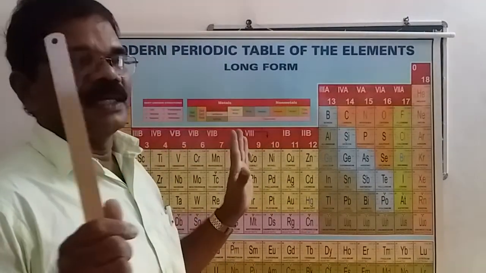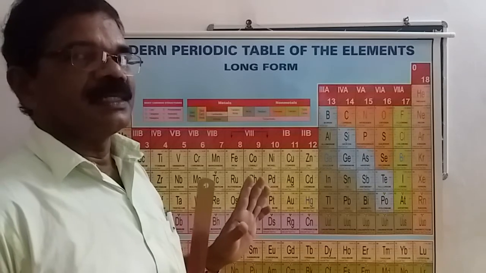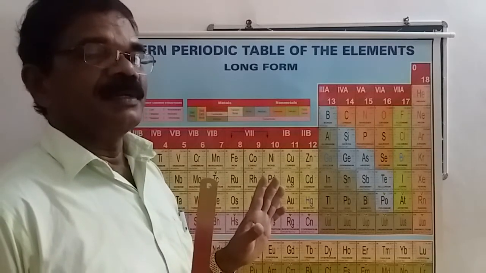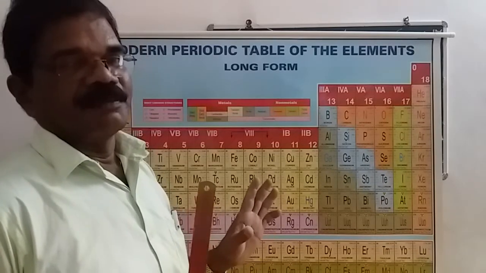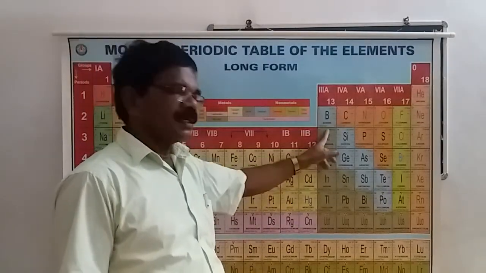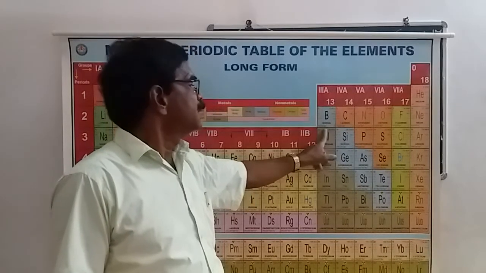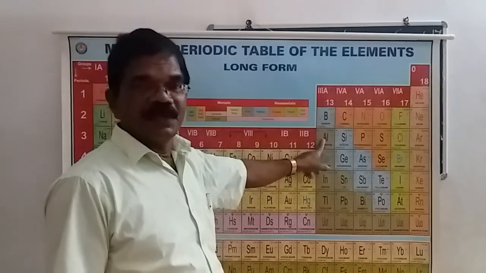Then you can come to a conclusion that it has 3 shells. The shell number denotes the period number. It has 3 shells, so it belongs to the third period. It has 3 electrons in the outermost shell, so it belongs to the 13th group.